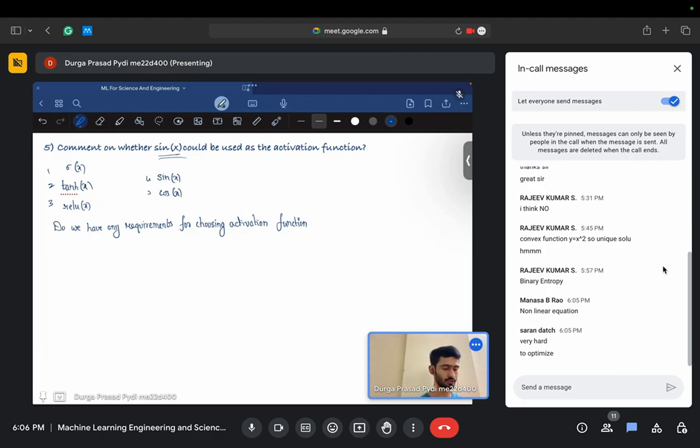First one is you need to have some non-linearity. ReLU doesn't have it. But why are we still using ReLU is because it has some truncation. Essentially, it's not completely linear. Whenever the value is negative, it completely cuts it off, because of which it can be used in some situations.